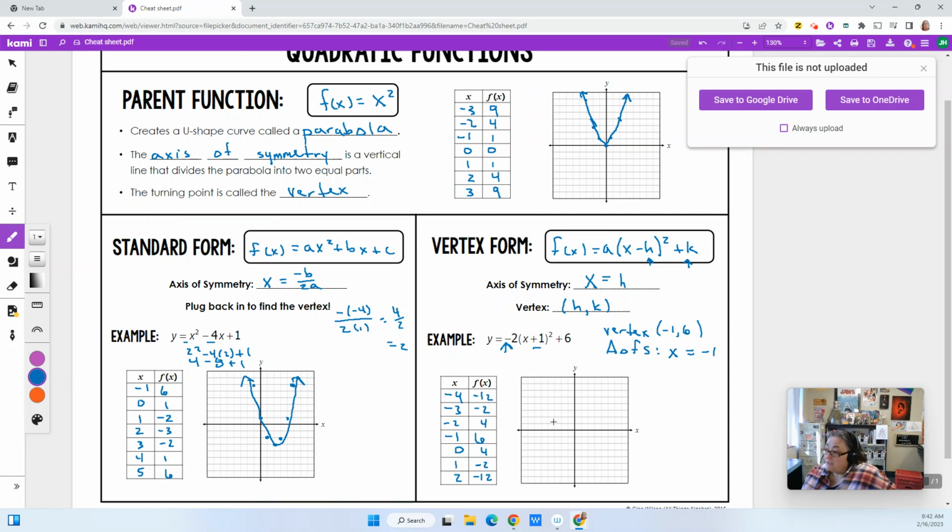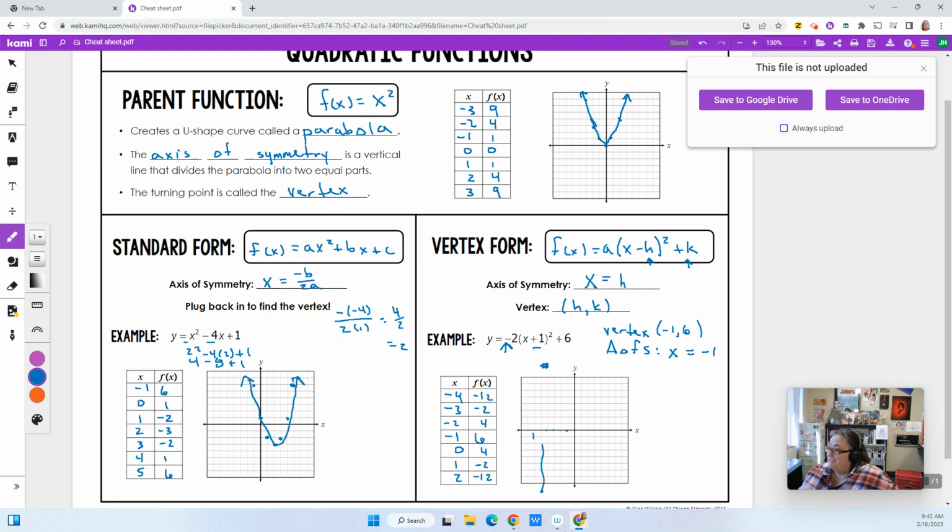And then we just plot our points. Now, I don't have a 12, so I'm going to start at, let's see, 1, 2, 3, 4. This is going to take me up here a little bit, right? Then my next point is going to be at negative, oh, sorry, I lied. It's not going to take me there.